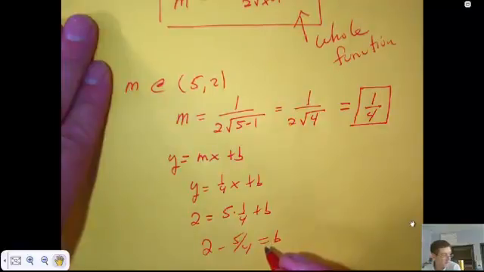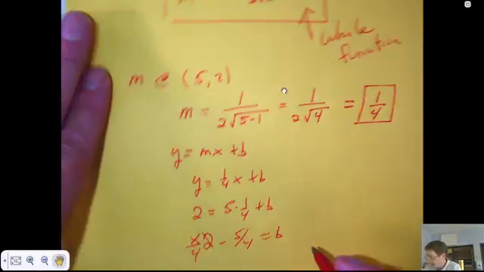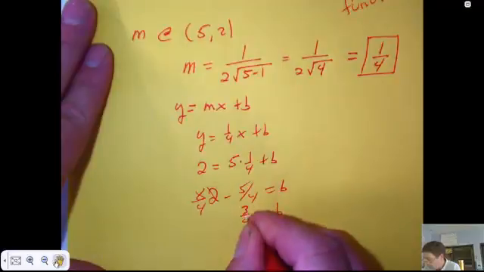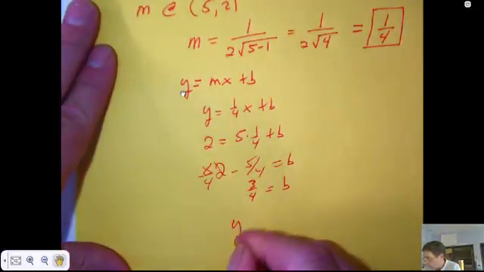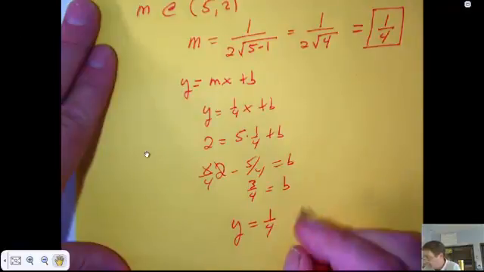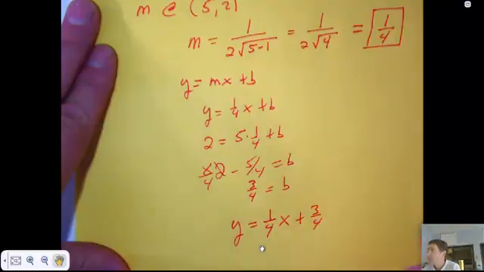But 2 is how much? 2 is 8/4. So in fact, b is equal to 3/4. So y equals 1/4 x plus 3/4.